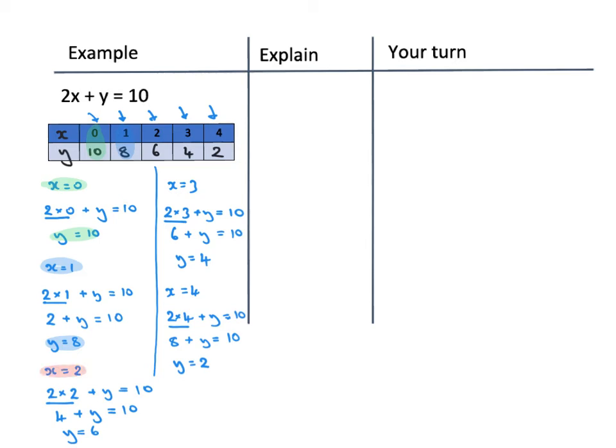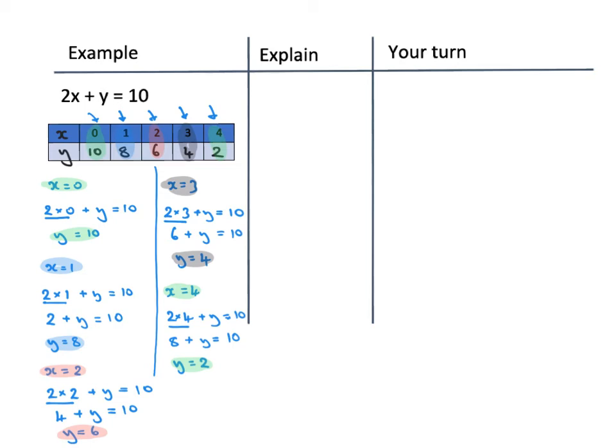When x equals 2, y equals 6. When x equals 3, y equals 4. And finally, when x equals 4, y equals 2. And that's the last space in our table. And that's what we're looking to do today.